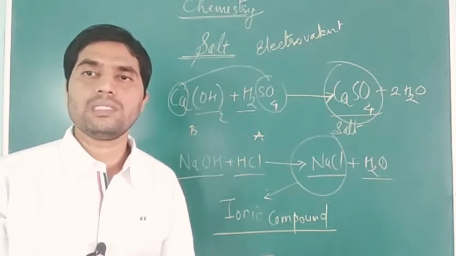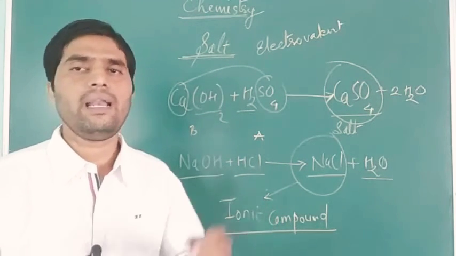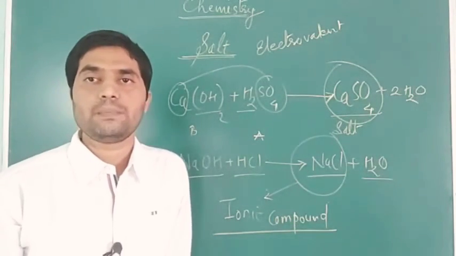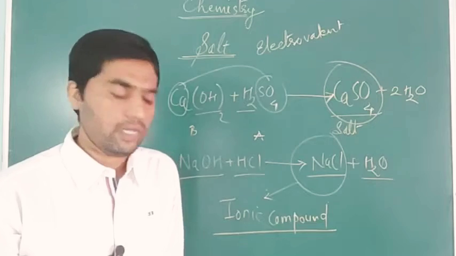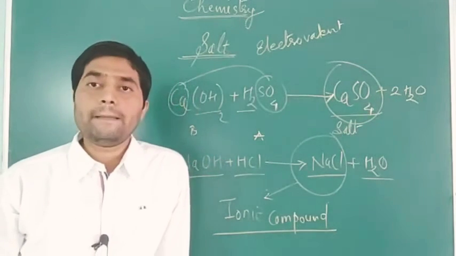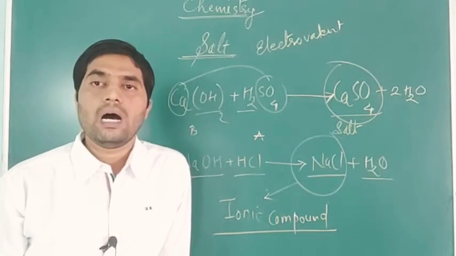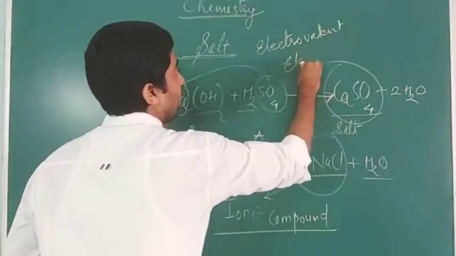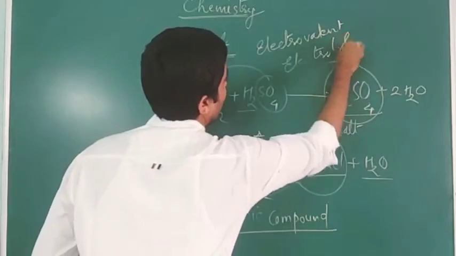An ionic compound consists of cation and anion, and there may be more than two ions. Cation is positive and anion is negatively charged. Now all ionic compounds are good electrolytes. Here I am writing electrolyte.